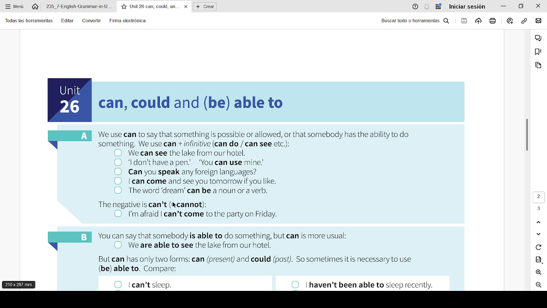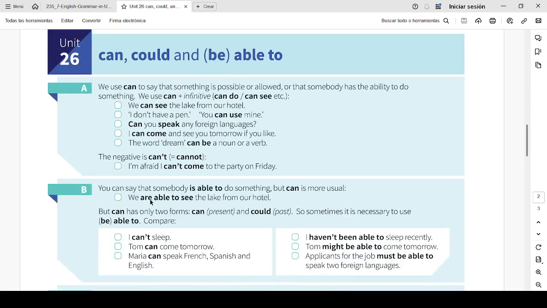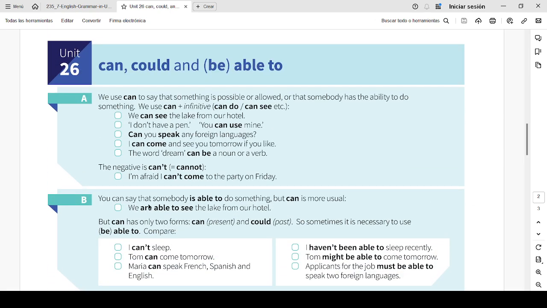Okay, let's move on to the next part. You can say that somebody is able to do something, but can is more usual. For example, we were able to see the lake from our hotel.